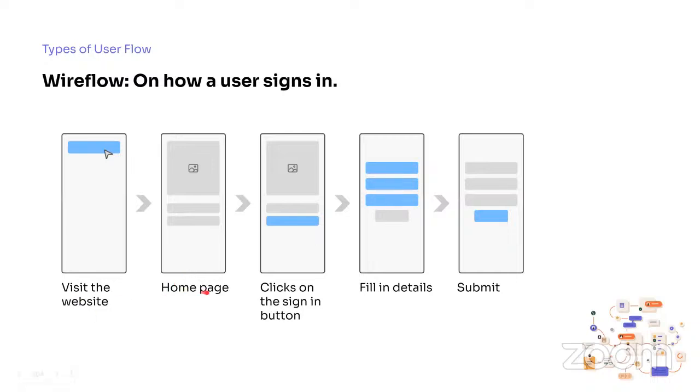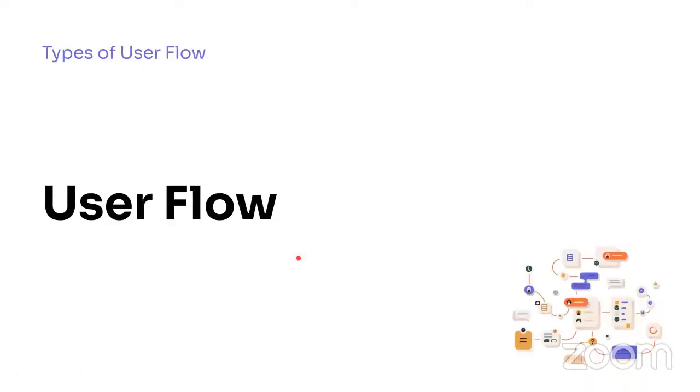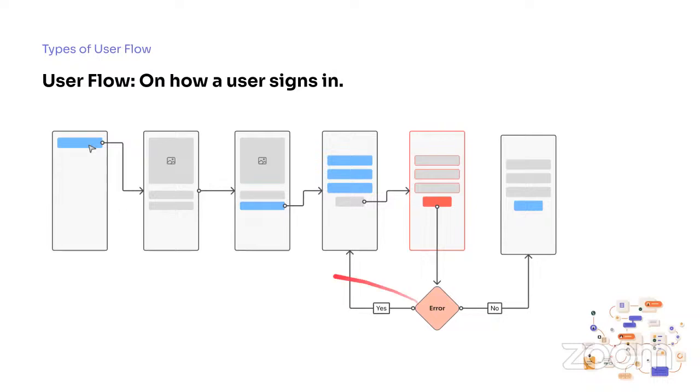So visit website's homepage flow. Then user flow is now the one I said I have in between, whereby it shows the end product of something, but it shows you what happens in between, the in-between moments. Click on the link, it takes you to the home page.